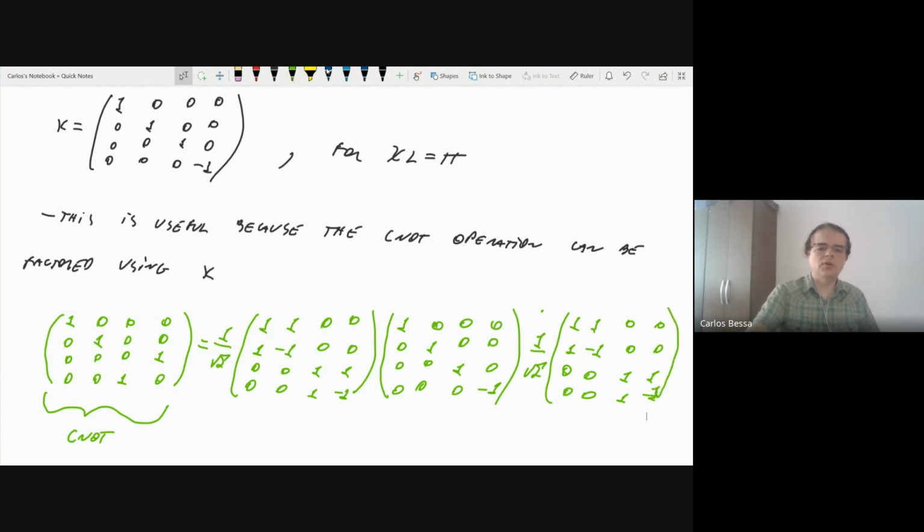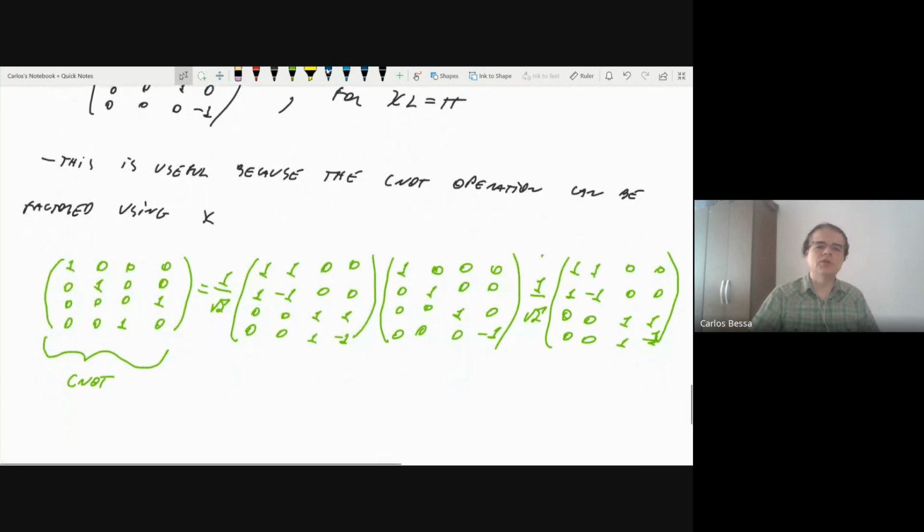If you recognize, this is my K. And this guy here is just the identity tensor product with Hadamard. And this is the same, identity Hadamard.